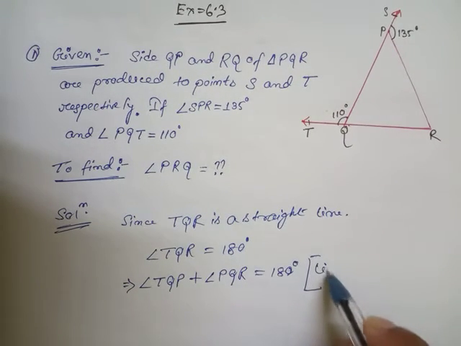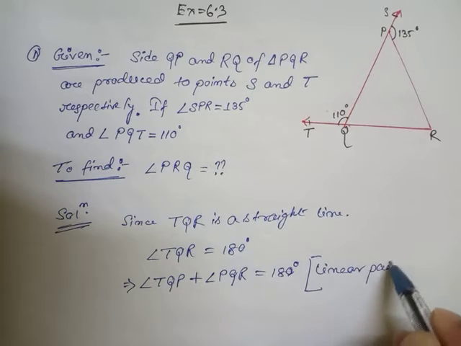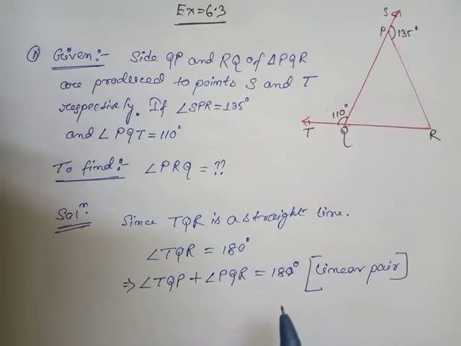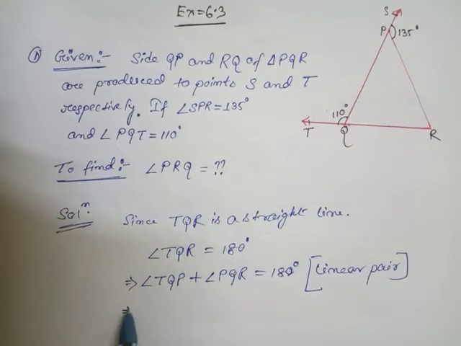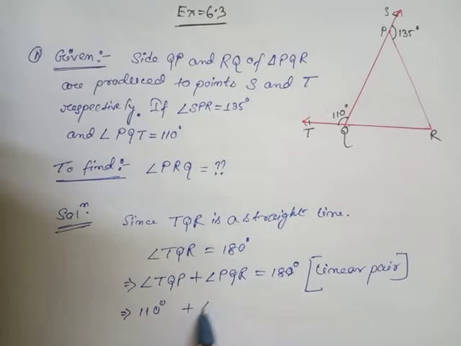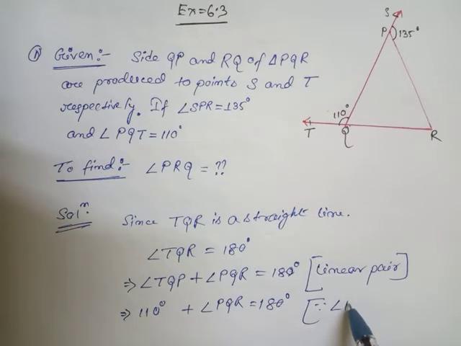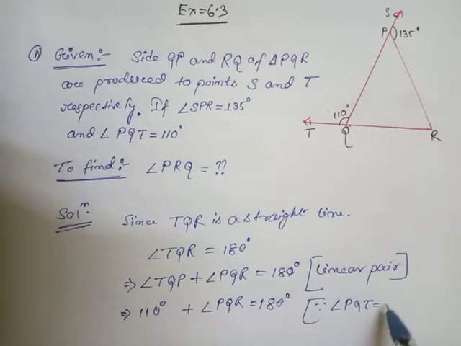So here it is a linear pair. Now look student, we'll put down the value of PQT, which is given as 110 degrees. We'll write down here, since angle PQT equals 110 degrees, given.